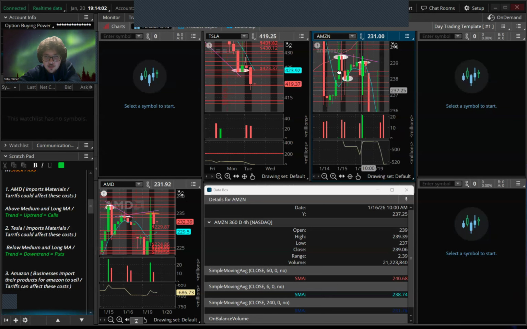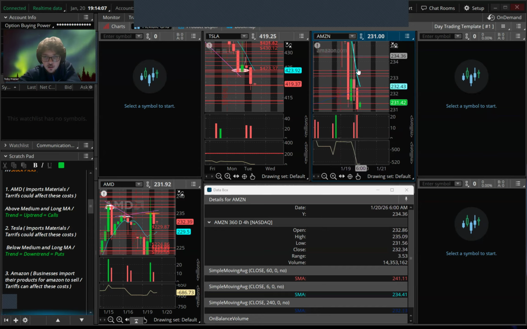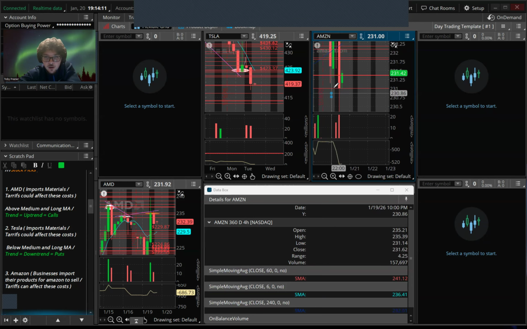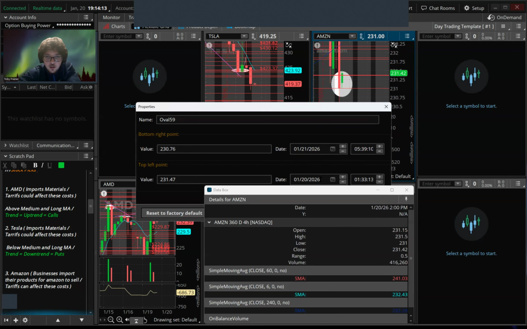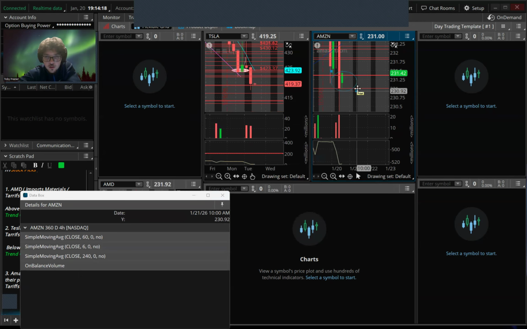All right, so we have a lower high. And we may have our lower low here. I'm going to put an orange box just in case it forms the swing low.